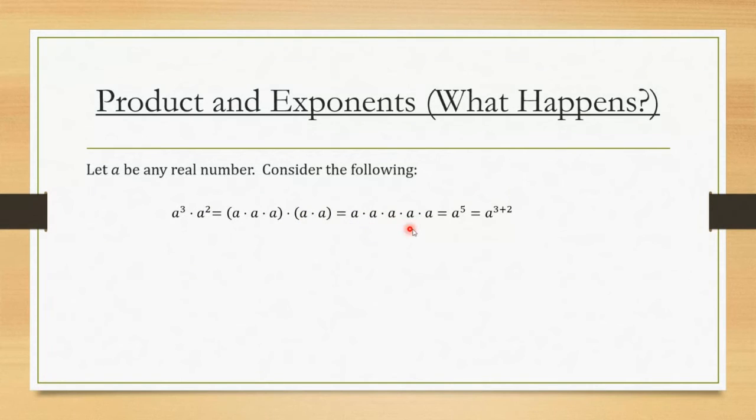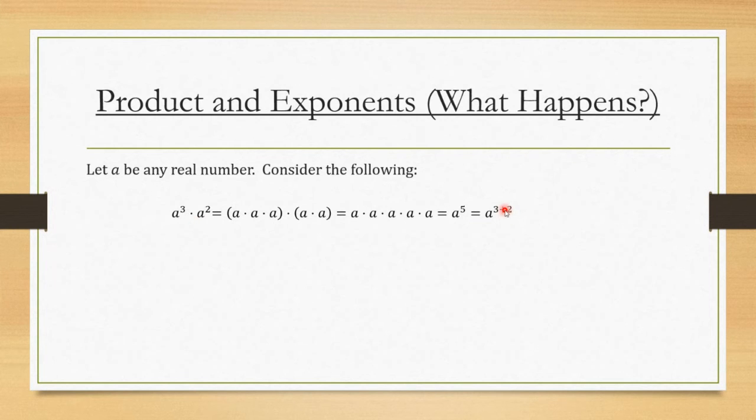But what is this equal to? Well, there are 1, 2, 3, 4, 5 copies of a. So this is really just a to the 5th. And we know 5 is just 3 plus 2. So when the dust settles, this product is the same as this.